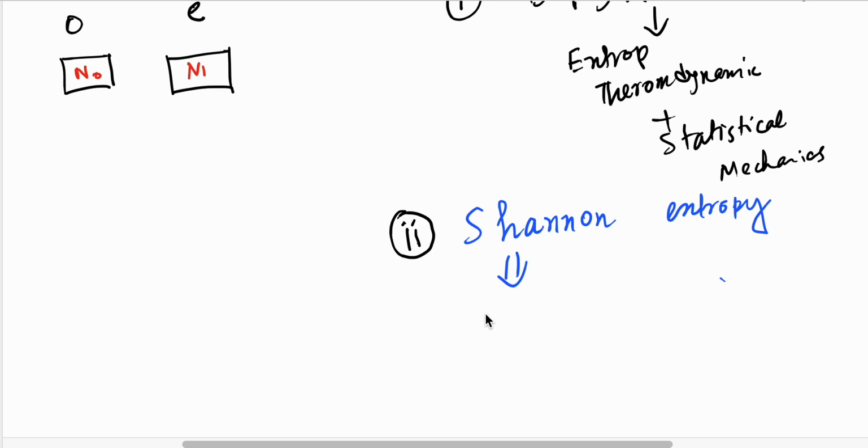It's a measure of uncertainty of a probability distribution. The larger the Shannon entropy, the larger the uncertainty regarding the probability distribution, or regarding the random events.